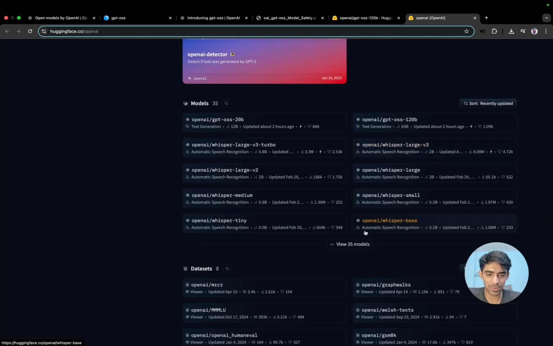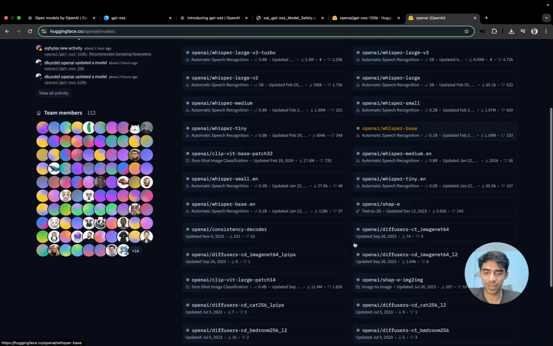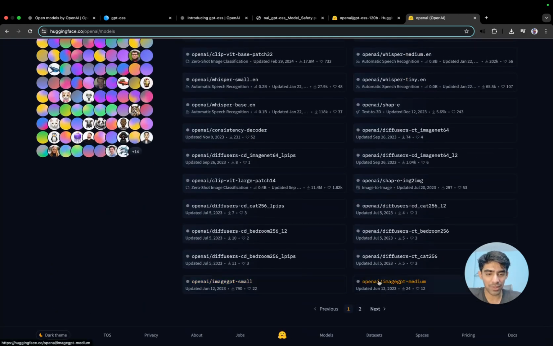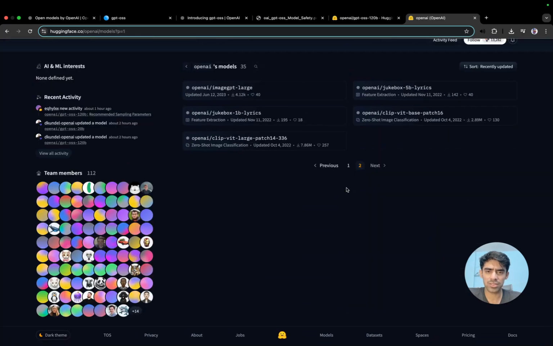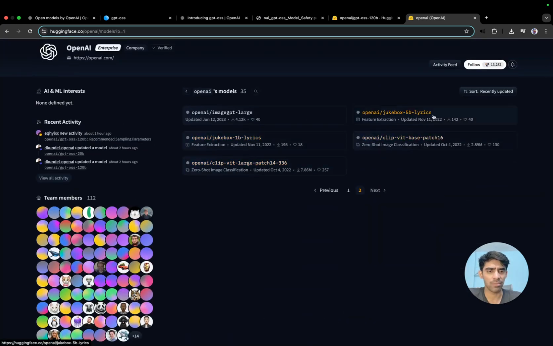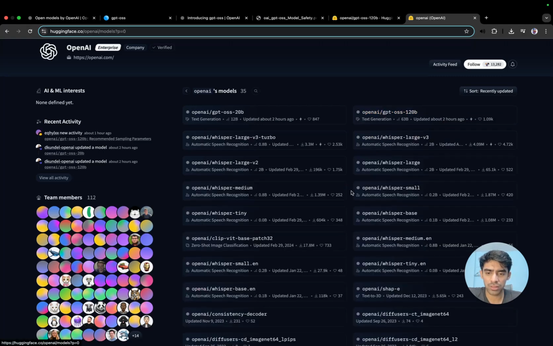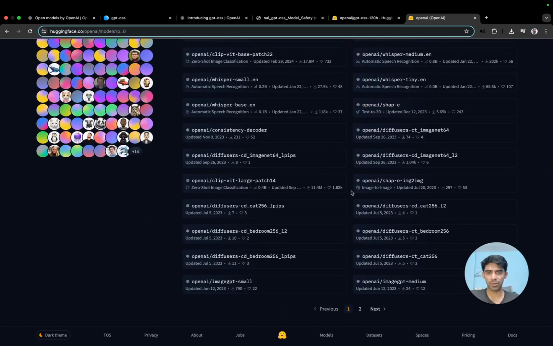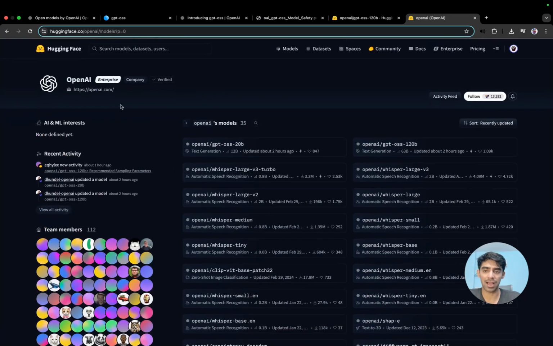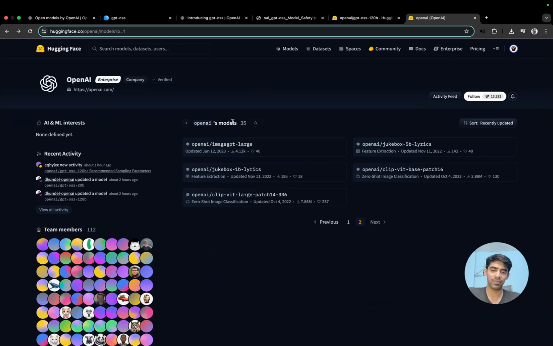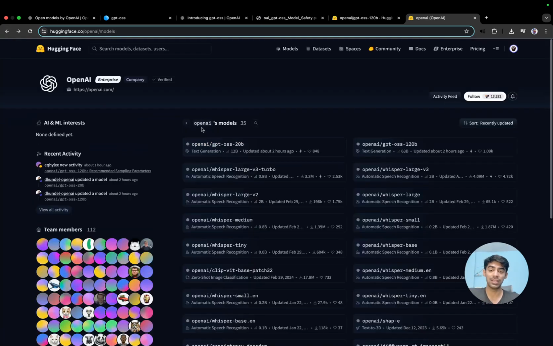So we had these Whisper models, and if you keep going down, you will see Image GPT medium, and if I go to the second one, I think we will find the Jukebox, which they got in 2022. So yeah, most of the things they released in 2022, and after 2022 they almost stopped releasing anything in the market. But now I'm really happy that they came back with GPT OSS, and I'm pretty sure OpenAI is going to keep delivering these things in the open source market.